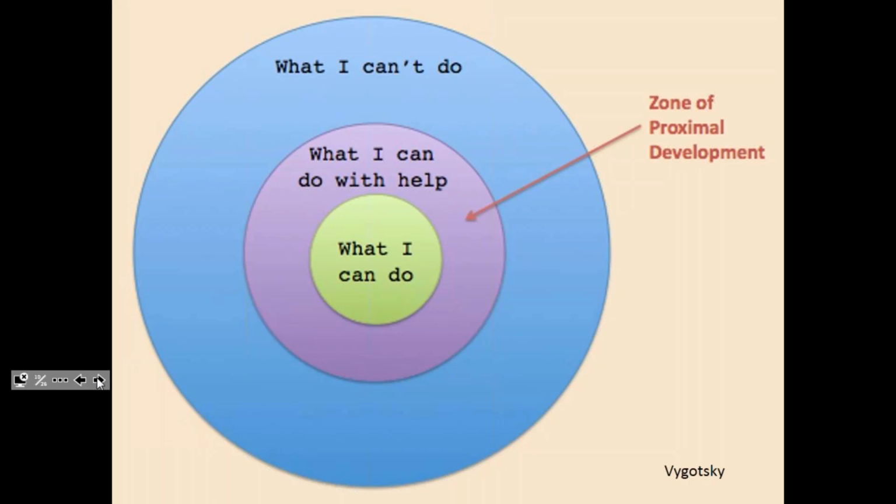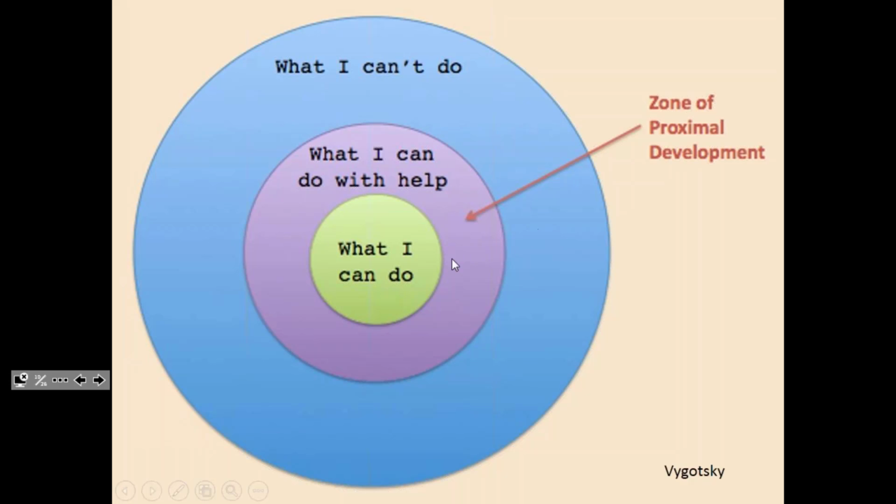So this zone has been defined as the distance between the actual developmental level as determined by independent problem solving, so what can I do by myself, and the level of potential development as determined through problem solving under adult guidance or in collaboration with your peers.